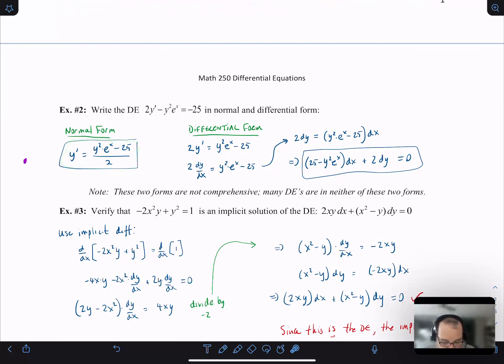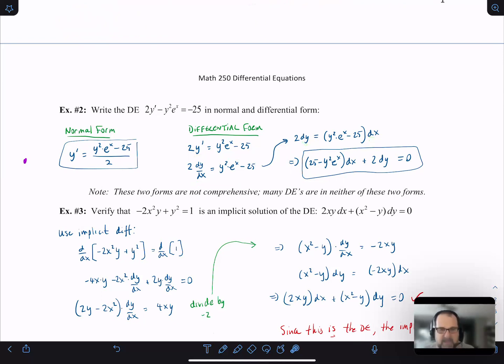For differential form, it's probably convenient to do the following. The first thing we do is replace y prime by Leibniz notation, dy dx. And then we can think about breaking those apart into their differentials, dy and dx. So we can take this equation here and multiply both sides by dx to get this.